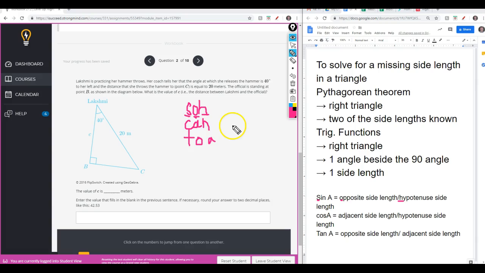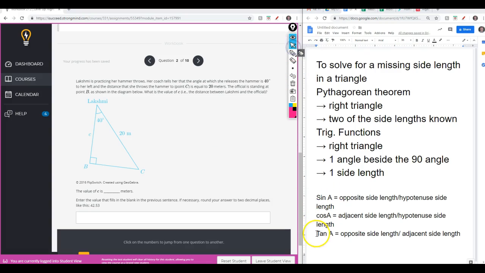So there's SOH. CAH, the C stands for cosine, the A stands for adjacent, and the H stands for hypotenuse. And then TOA, the T stands for tangent, the O stands for opposite, and the A stands for adjacent. So there's SOHCAHTOA to help you remember the trig functions.